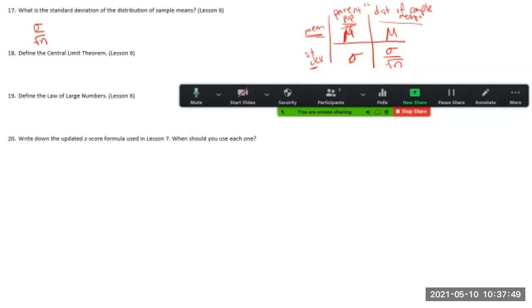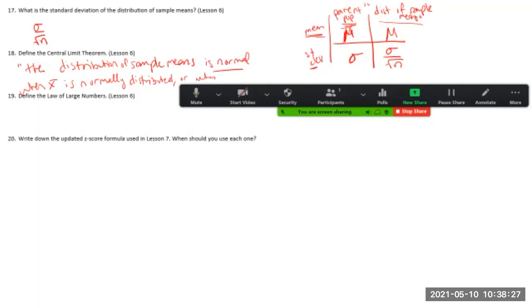Define the central limit theorem. The central limit theorem says the distribution of sample means is normal when x bar is normally distributed, or when n is sufficiently large.